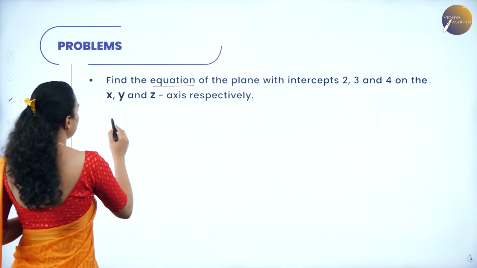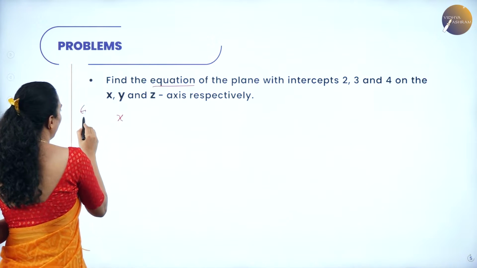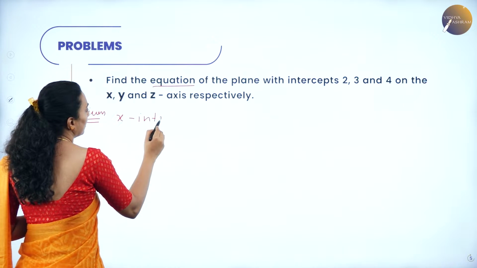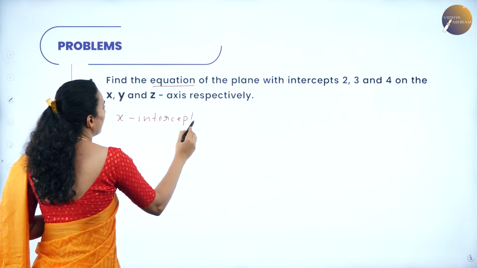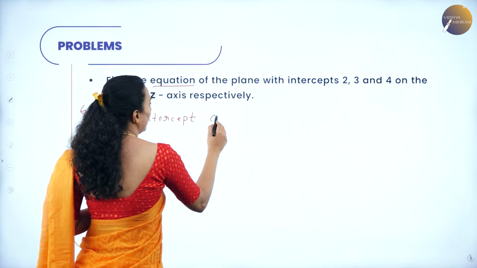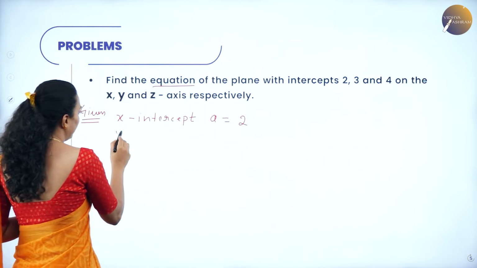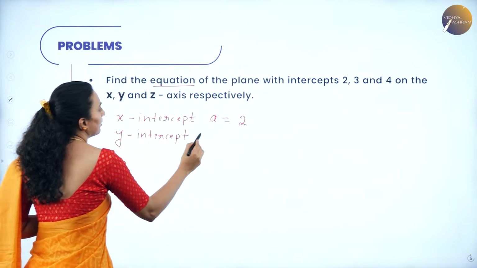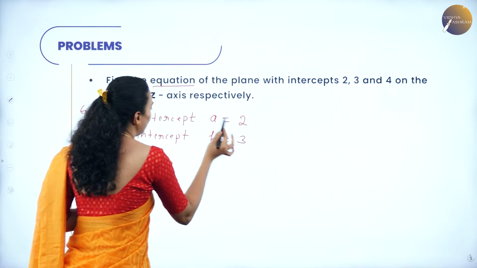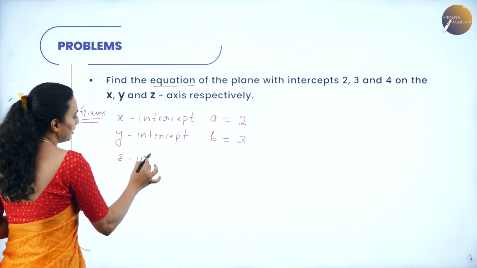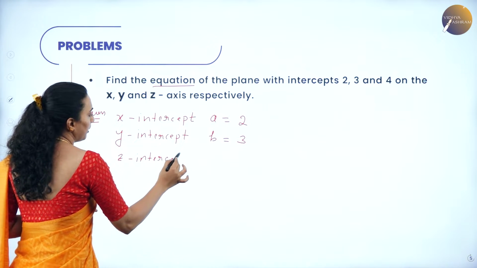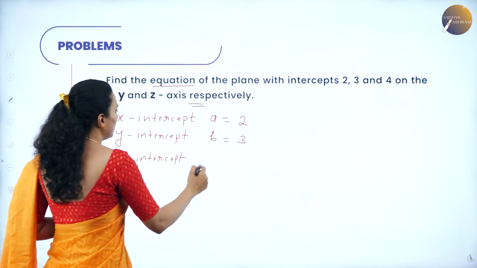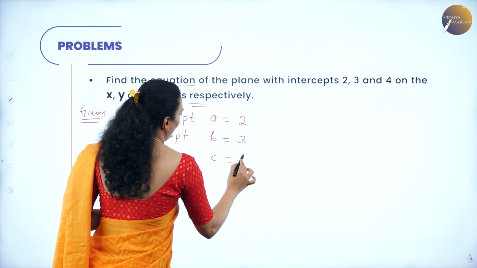So they have given, you can write, x-intercept, for your reference I am writing this, that is A will be equal to 2, and then y-intercept B will be equal to 3, and then z-intercept, respectively they have given, so according to the order, C will be equal to 4.